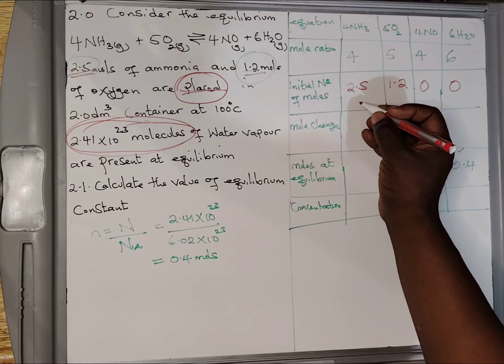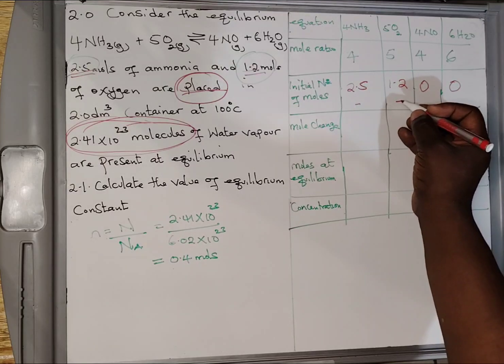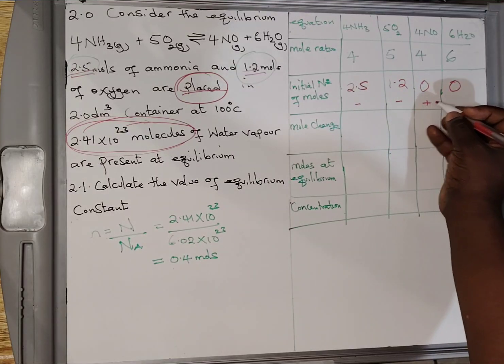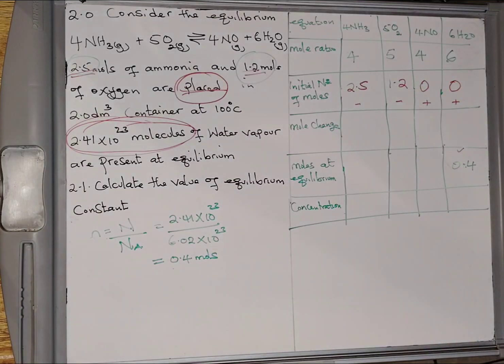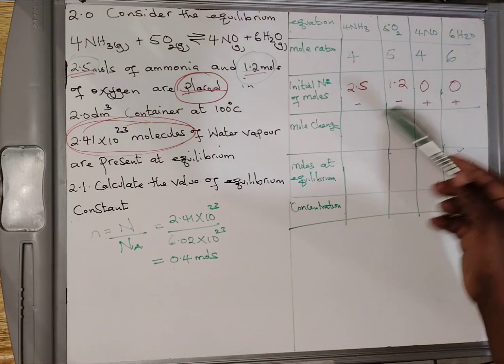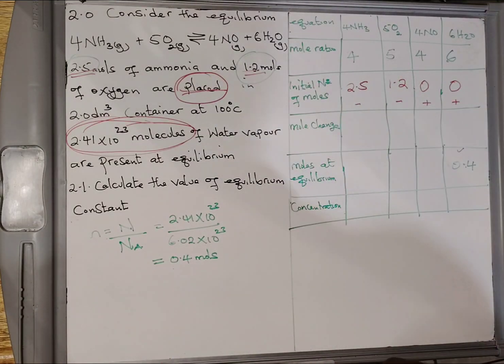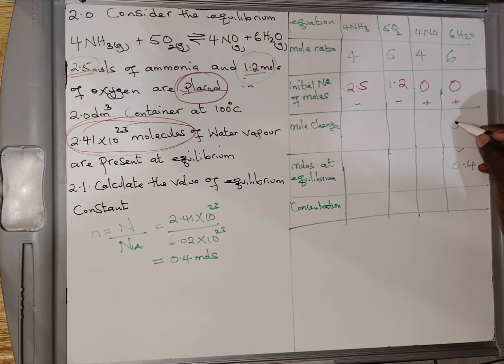Forward means that whatever you have here is going to reduce, and whatever you have on that side is going to add. Okay, so these are the signs. So what does that mean? That is 0 plus the figure which is here, you are going to get 0.4. So what is the figure here? 0.4.